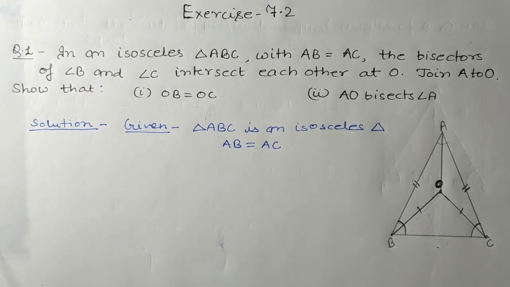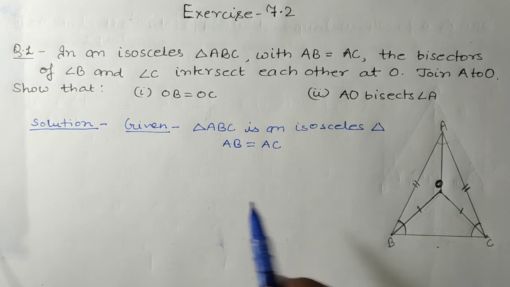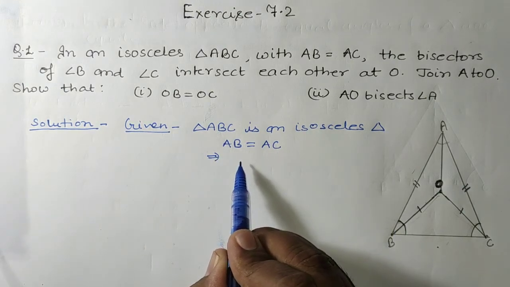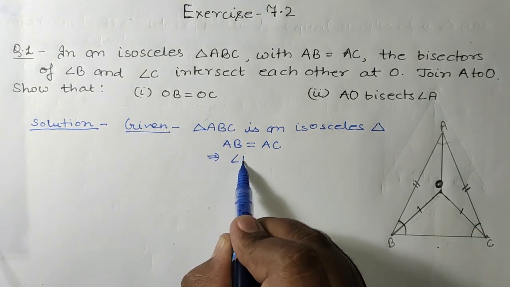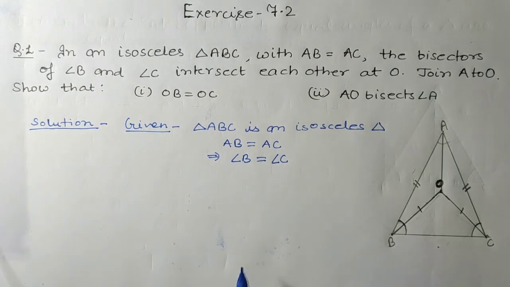Okay students, as we know that in an isosceles triangle the angles opposite to the equal sides are equal. So this will imply that side AB is equal to AC. This will imply the angle opposite to AC, that is angle B, and the angle opposite to AB, that is angle C, are equal.